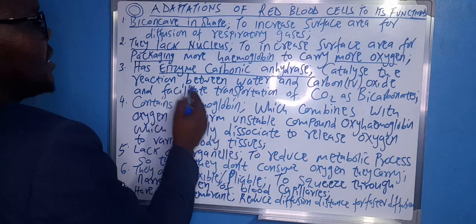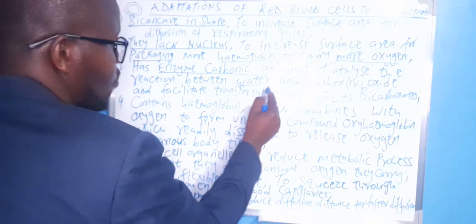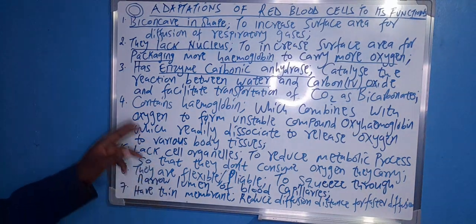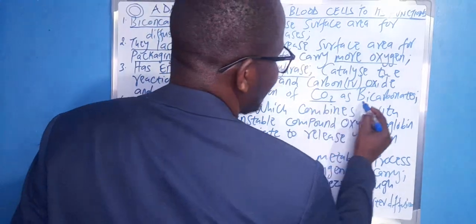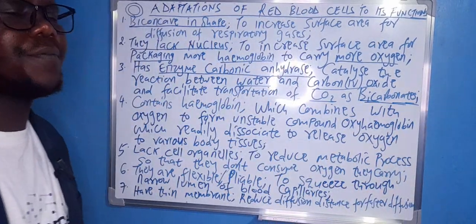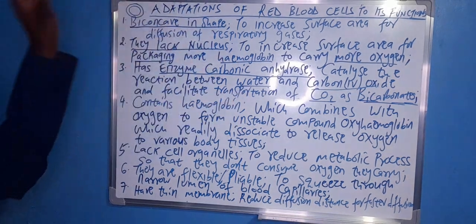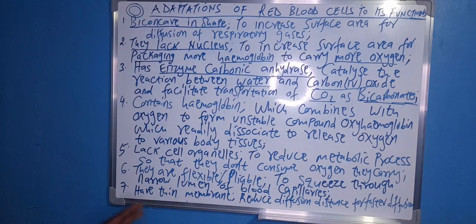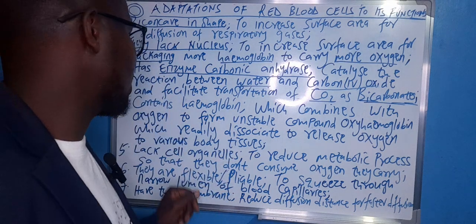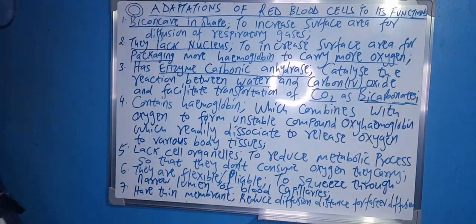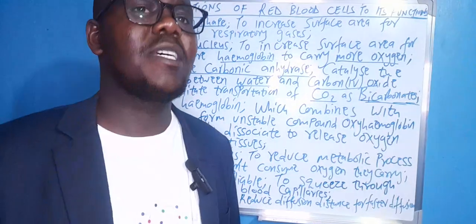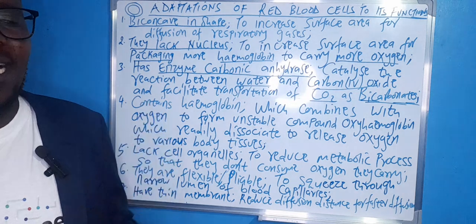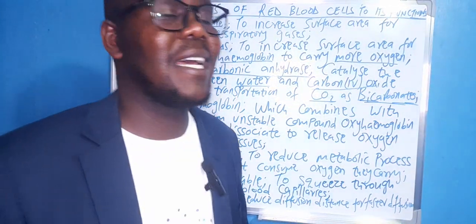This enzyme catalyzes the reaction between water and carbon dioxide, forming carbonic acid, which breaks down, and it facilitates the transportation of CO2 in the bicarbonate form. So we are saying this enzyme will speed up the reaction between water and carbon dioxide, and facilitate the transportation of carbon dioxide in the form of bicarbonate ions. It's an enzyme, a catalyst in nature.